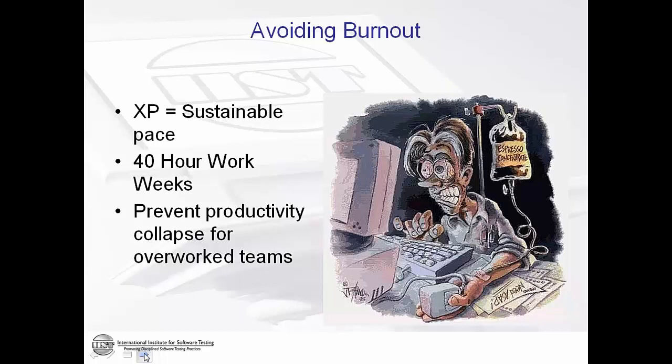So one of the things about being as productive as we can from a QA standpoint, or even a total development team, is a sustainable pace. And that's one of the tenets that Kent Beck wrote about in Extreme Programming. Let's try to keep a sustainable pace.